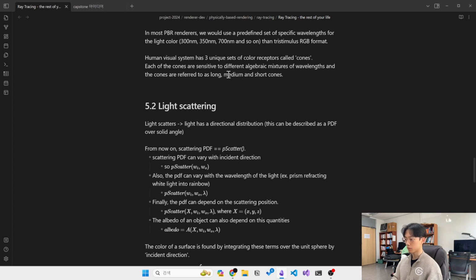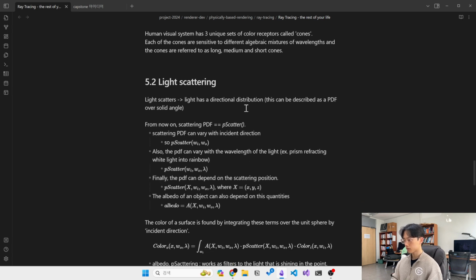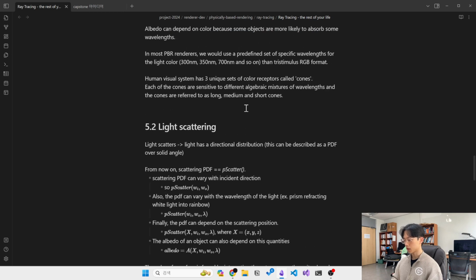Also, the human visual system can accept a set of colors. This is also kind of similar to RGB, but exactly it's not the same as RGB.